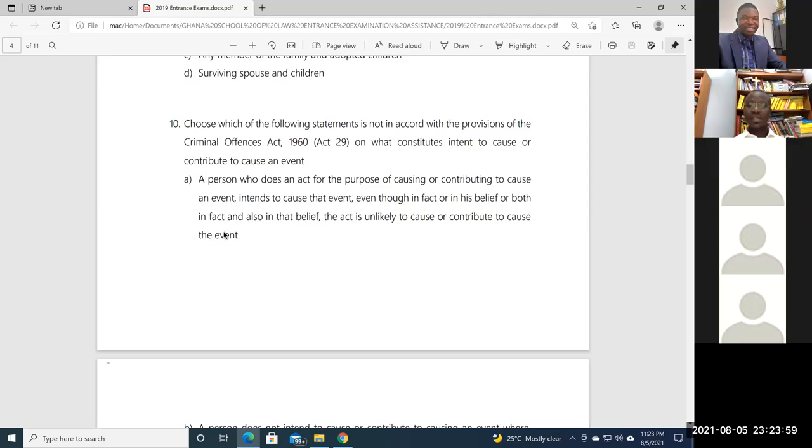Intent. Where a person does an act for the purpose of causing or contributing to cause an event, that person intends to cause that event within the meaning of this act, although in fact or in the belief of that person, or both in fact and also in the belief, the act is unlikely to cause or to contribute to cause the event.